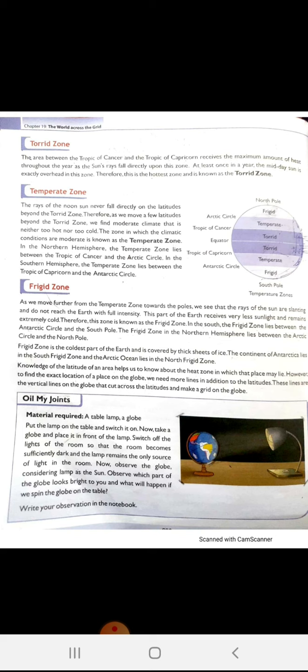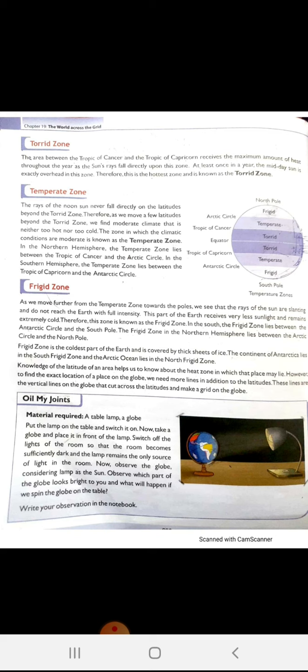The axis joins our earth with the North Pole and the South Pole. The frigid zone is above the Arctic Circle. The temperate zone is above the Tropic of Cancer. The torrid zone is near the equator, between the Tropic of Cancer and Tropic of Capricorn.